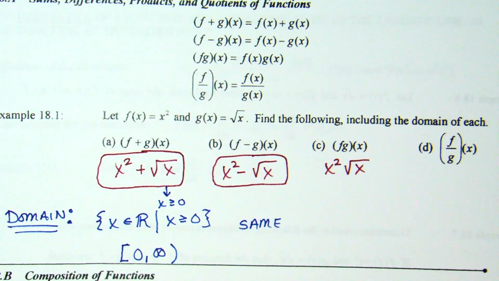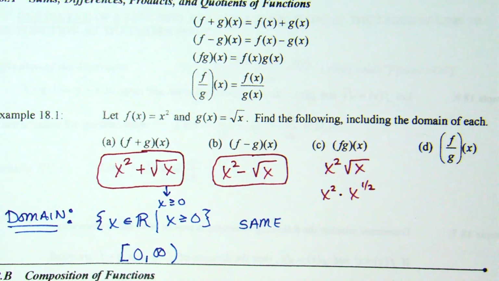The square root of x is the same as saying x to the 1/2. And what is x squared times x to the 1/2? When you're multiplying with like bases, you add the exponents. 2 plus 1/2 is 5/2. So I'm going to rewrite this as x to the 5/2.